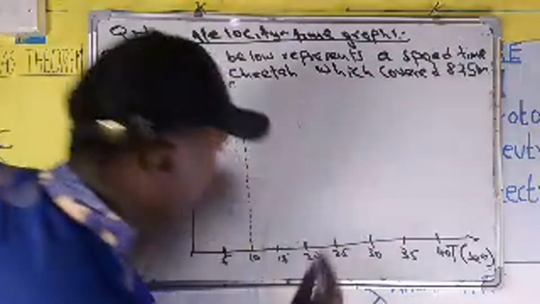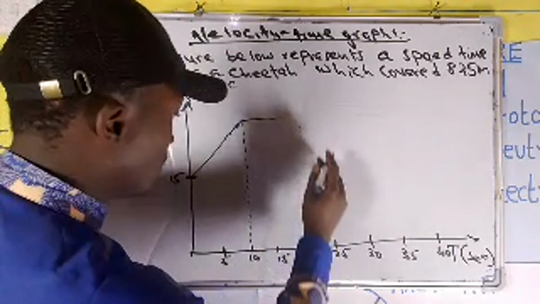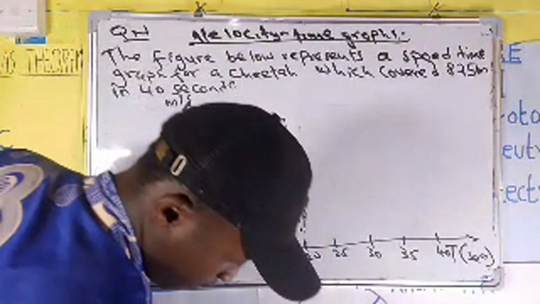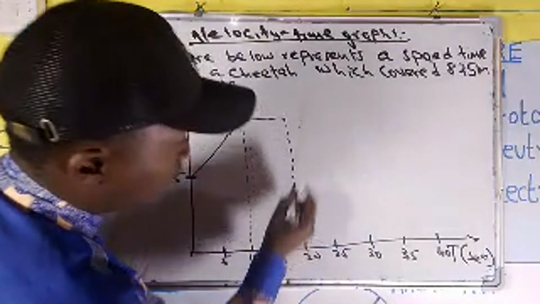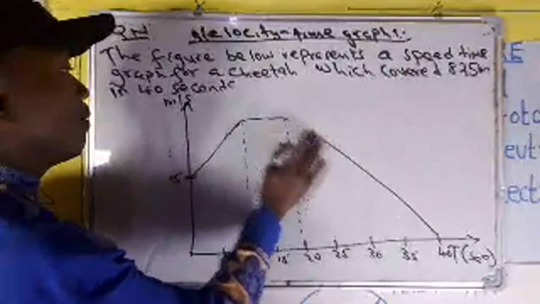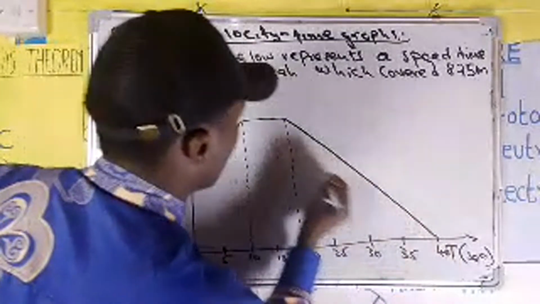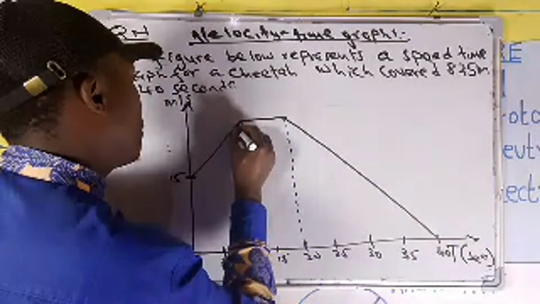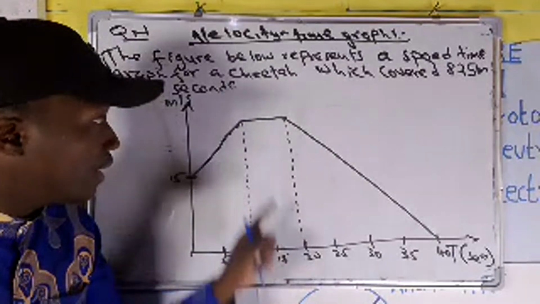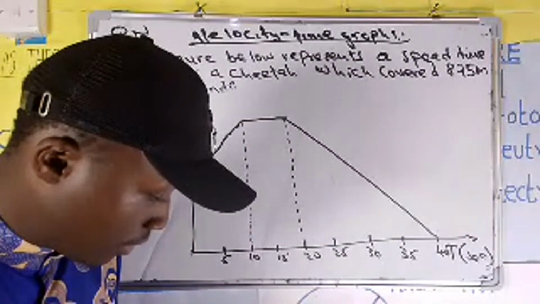Inaenda mpaka kwa 20. Hii nayo yote inaenda mpaka kwa 40. So iko hivyo. The reason I'm breaking is so that we can know where the peaks are. So I want us to do that question.